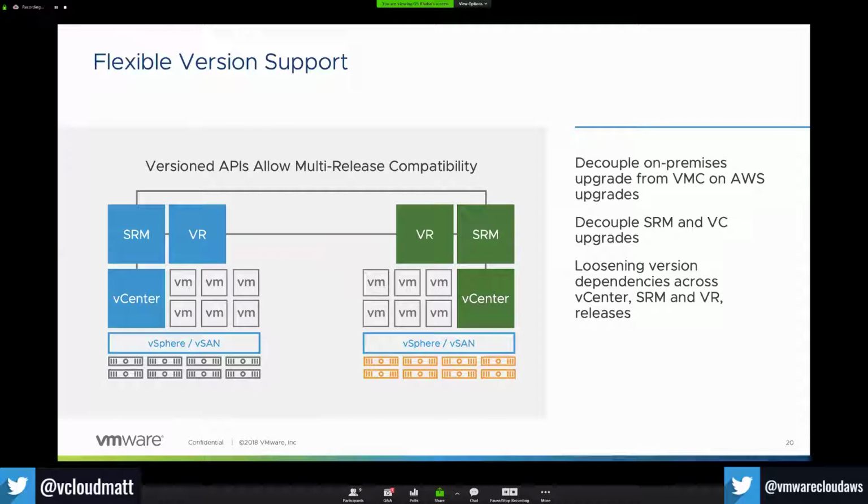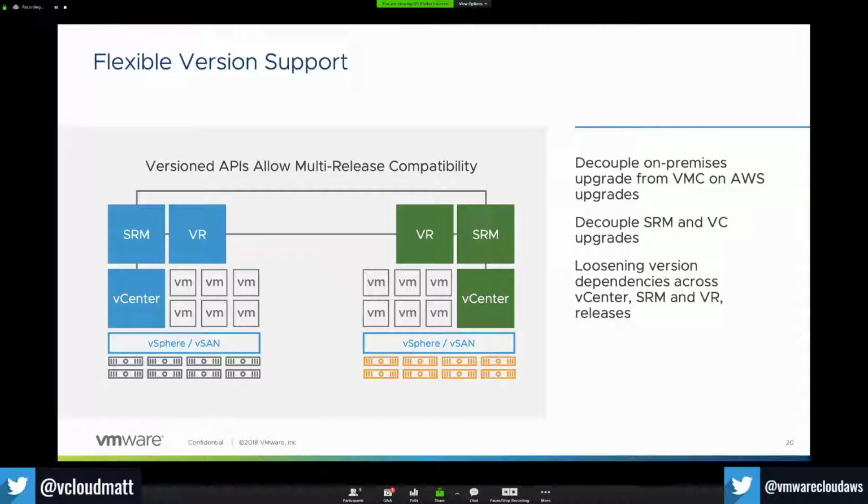If any of you have familiarity with Site Recovery Manager, one of the things that you may be aware of and could potentially be concerned with is the challenge of versioning between instances of Site Recovery Manager.